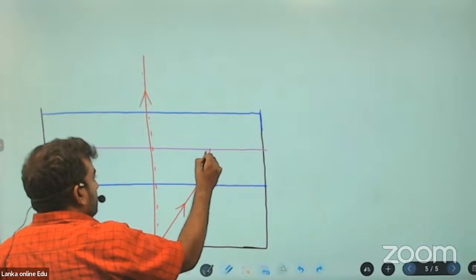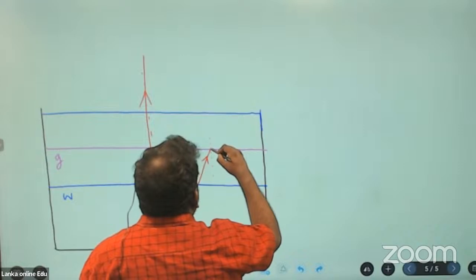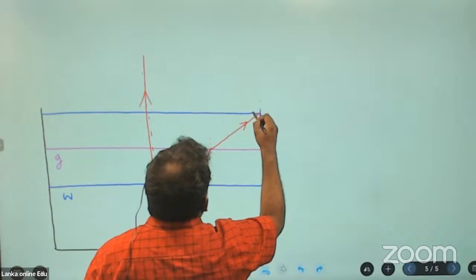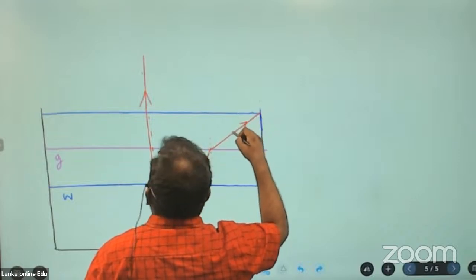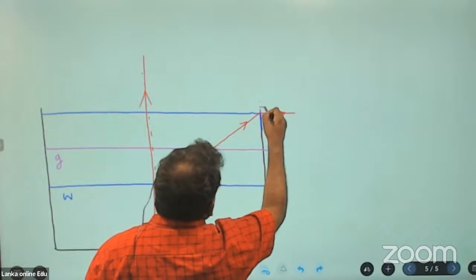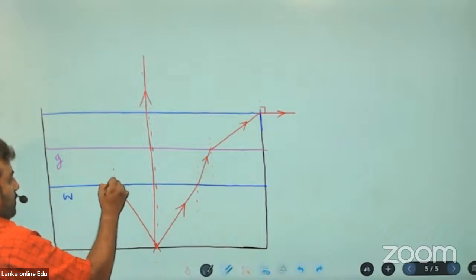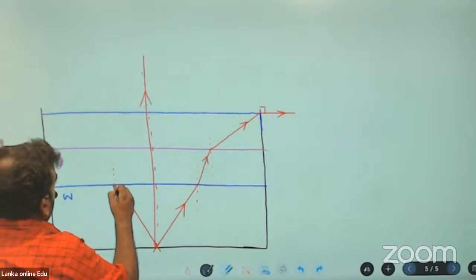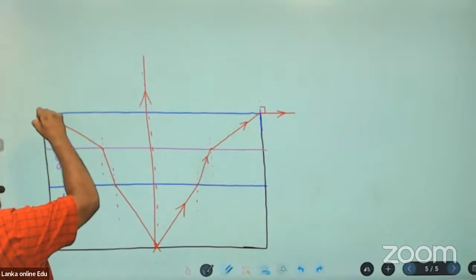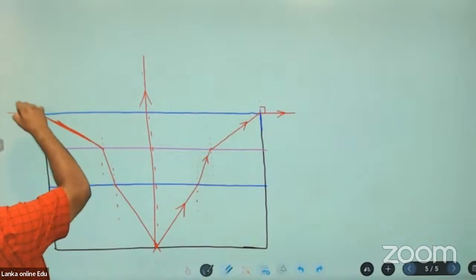Rarer to denser, towards the normal. Denser to rarer, away from the normal. Denser to rarer goes along the boundary. So here it goes along the boundary.